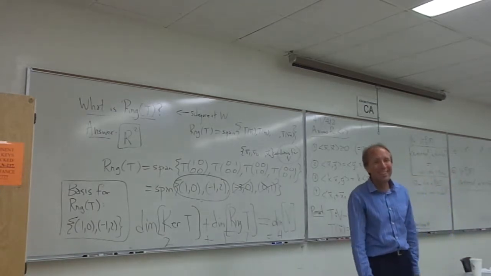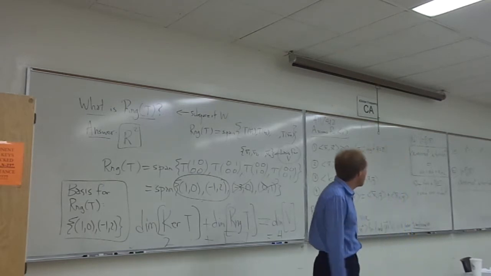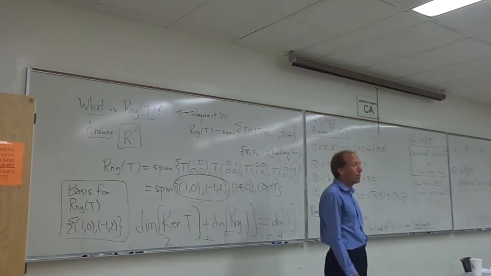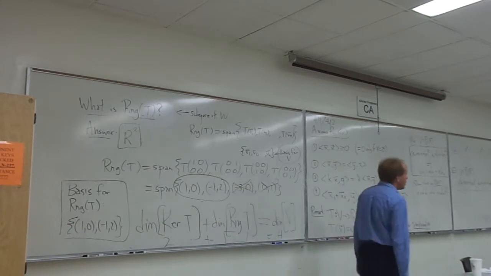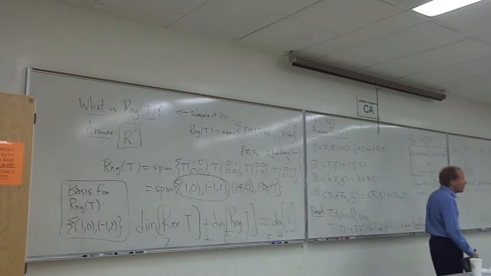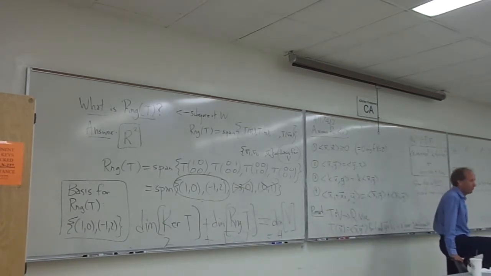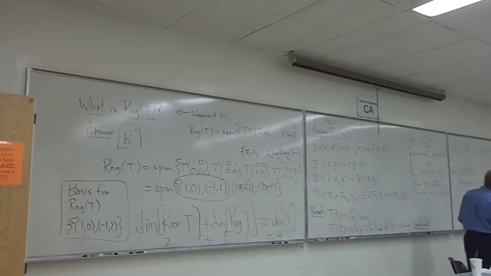But of course I might just ask you to show 2 out of 4, or pick your favorite 2 or something like that. So let's see if we can do some of this. Maybe I won't do the whole thing. Show that this thing is a valid inner product.